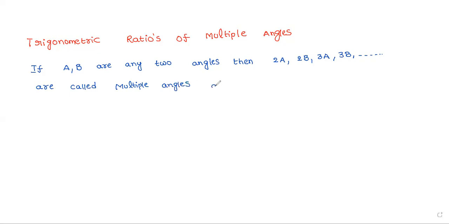And angles A by 2, B by 2 and so on, or C by 2, are called submultiple angles. Submultiple angles.